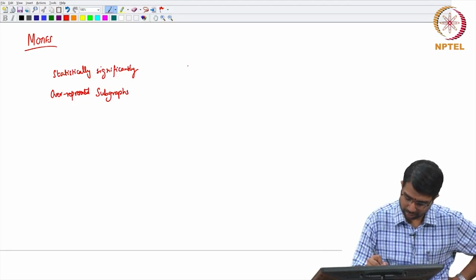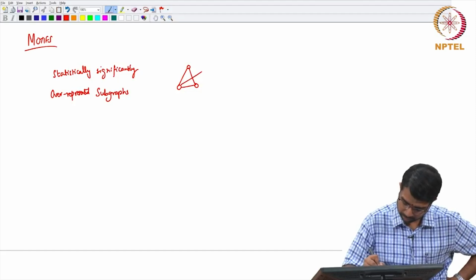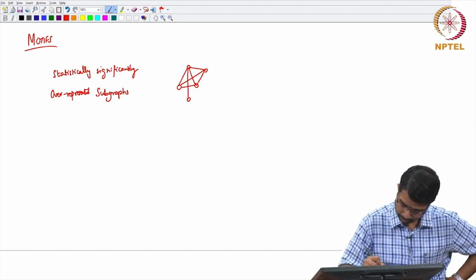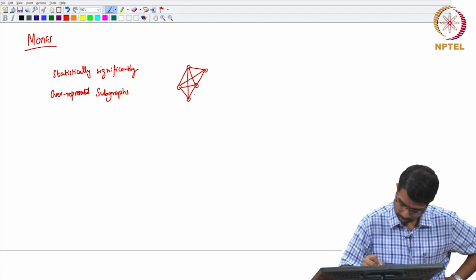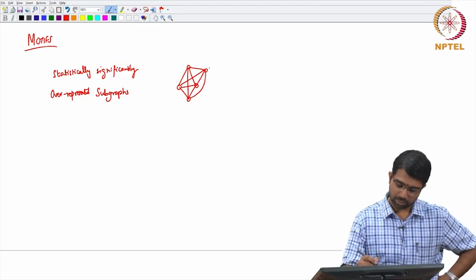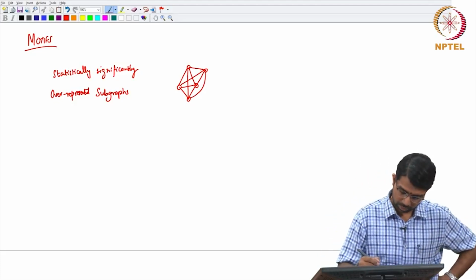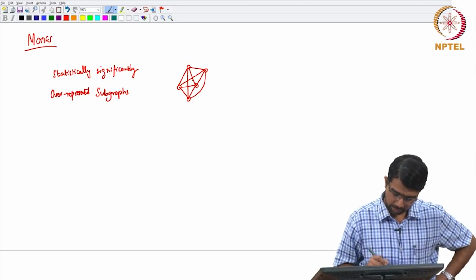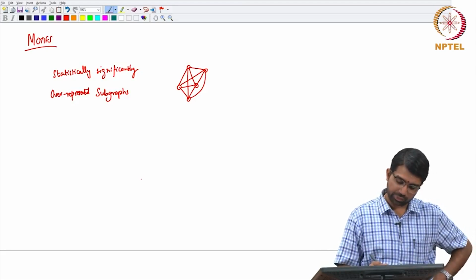So, as an example, are there any motifs in this graph?